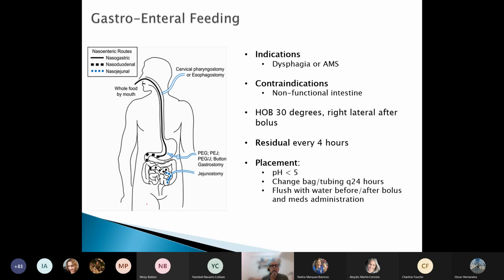Gastroenteral feeding. You need to understand that gastroenteral feeding means that a tube is going to be placed in the stomach, less frequently in the intestine, specifically in the jejunum, because the client cannot swallow. So the reason to place a tube in the stomach or in the intestine is impossibility of swallowing.